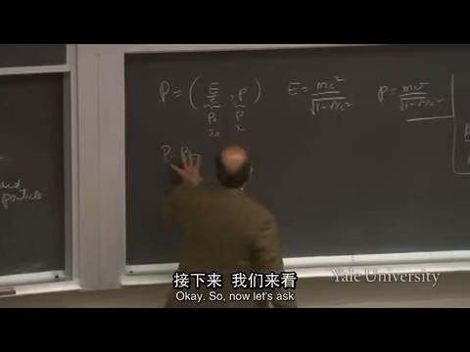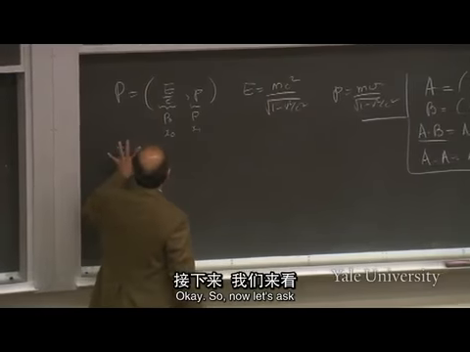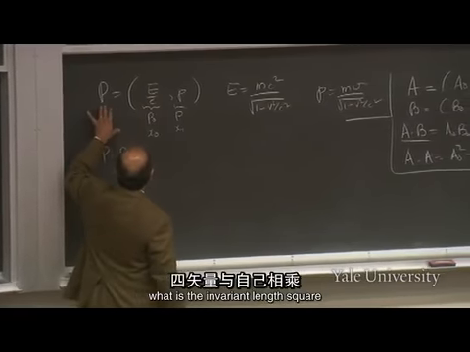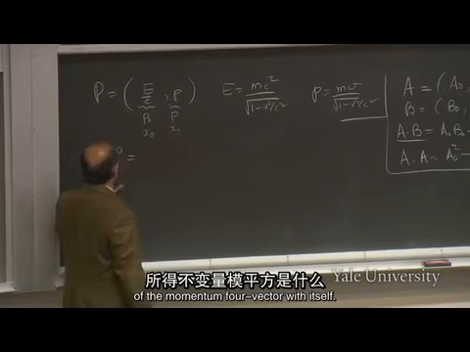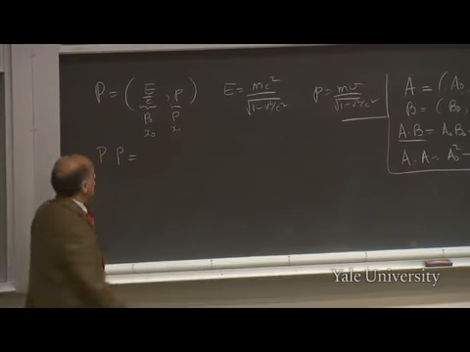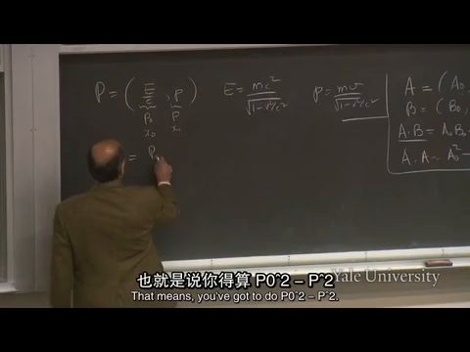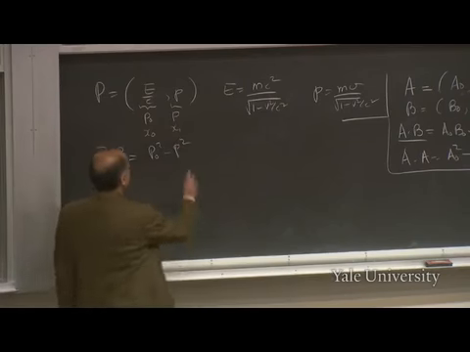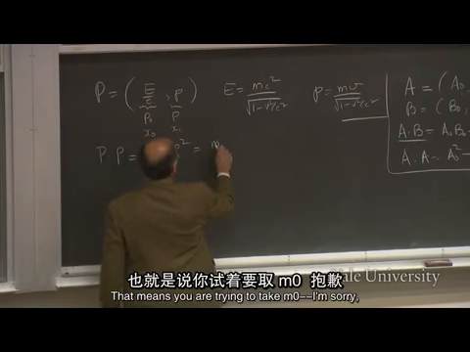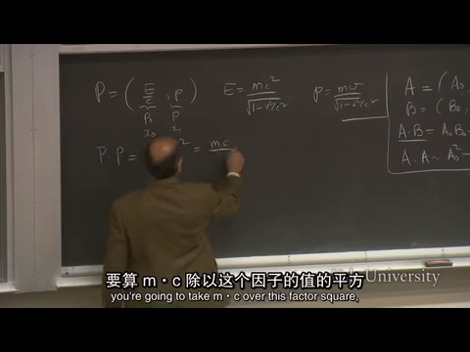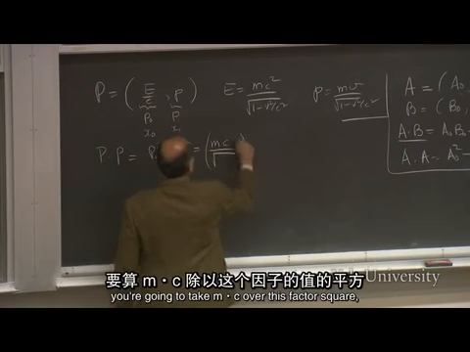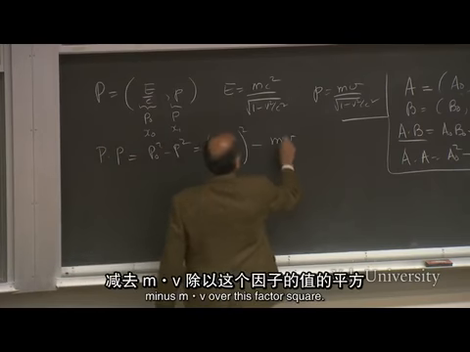Okay, so now let's ask what is the invariant length squared of the momentum 4 vector with itself. That means you've got to do p0 squared minus p squared. That means you're going to take mc over this factor, squared, minus mv over this factor, squared.